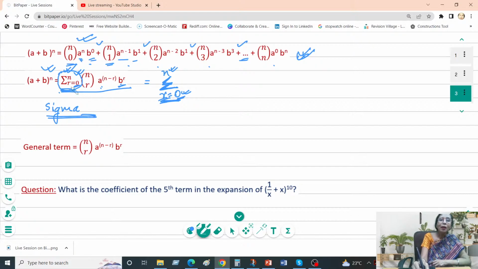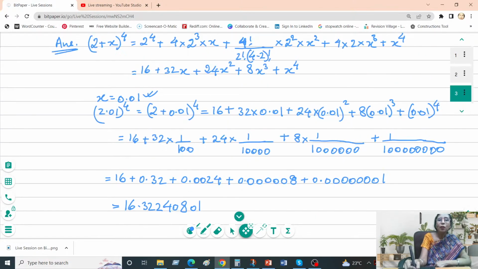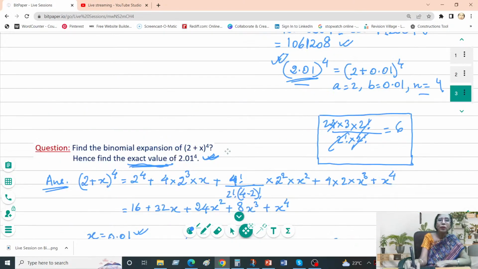For the third term, the R value will be equal to 2. So nCR becomes nC2, and a to the power of n minus R becomes a to the power of n minus 2. b to the power of R, since R is equal to 2, should be b to the power of 2. Most probably, I have copy pasted this, so very sorry.